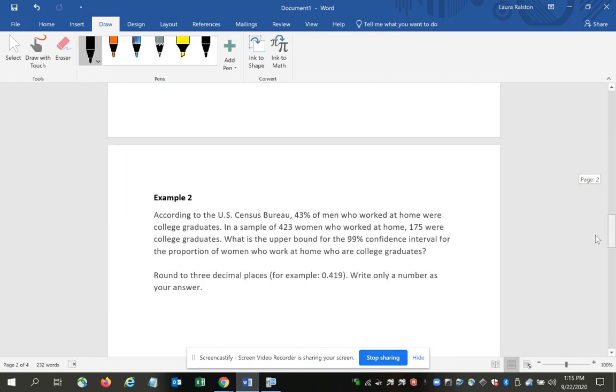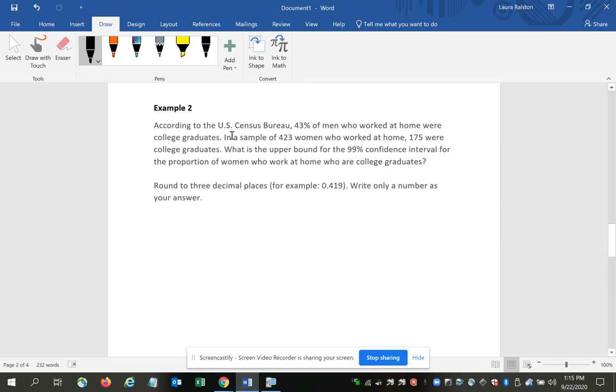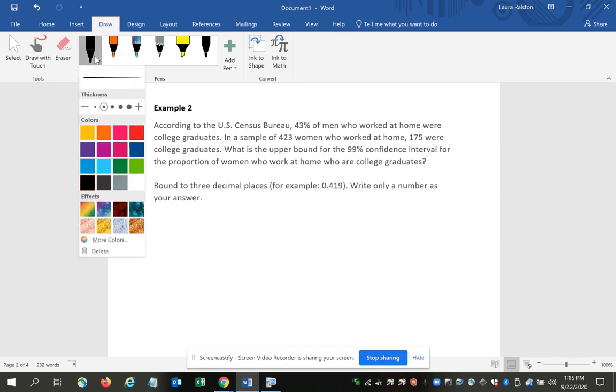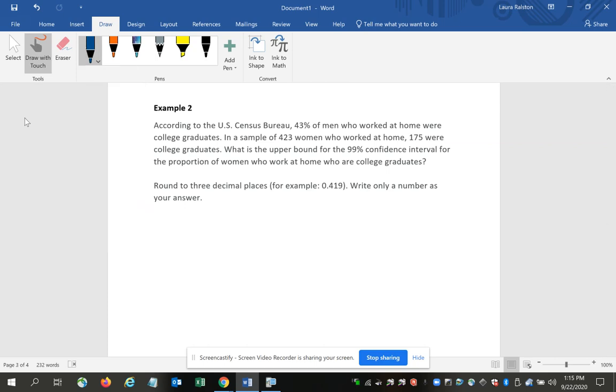Okay, moving on to the second example. Sometimes in the question you may get extra information that you don't necessarily need, as is the case in this particular example, because it says, according to the U.S. Census Bureau, 43% of men who worked at home were college graduates.